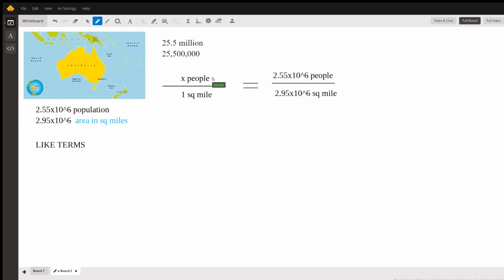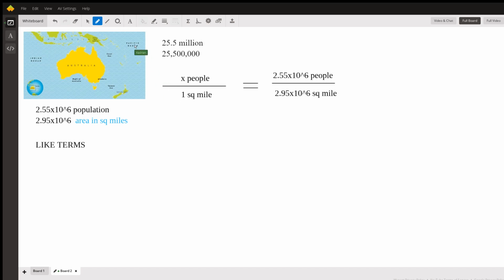Okay, so now we have a ratio. Ratios are equal to each other. So we have to solve for x, and we're only going to be able to solve for x if we do some math. So this is over 1. We can basically just ignore that 1.